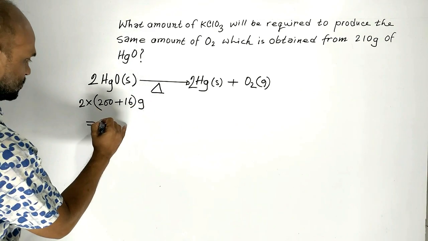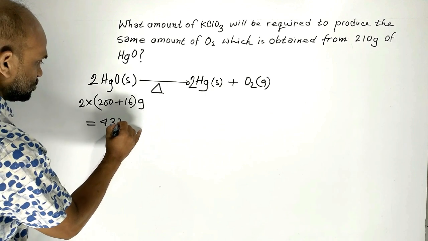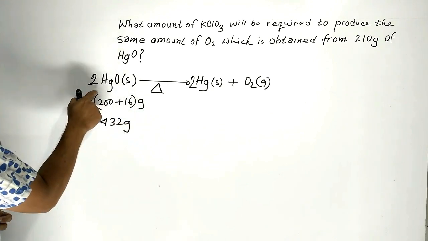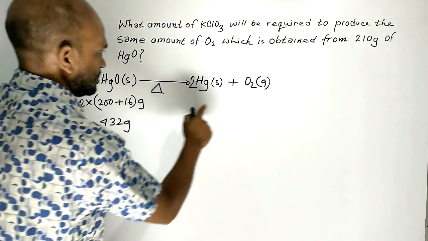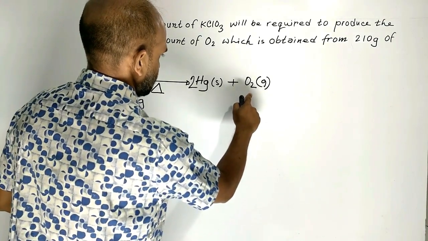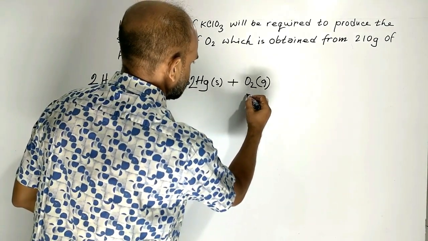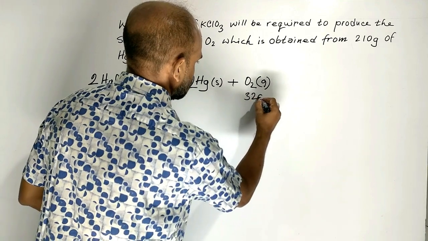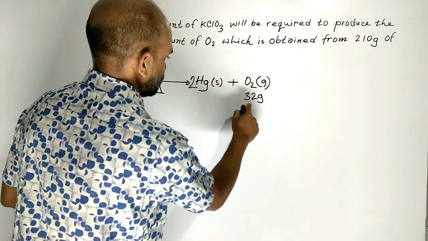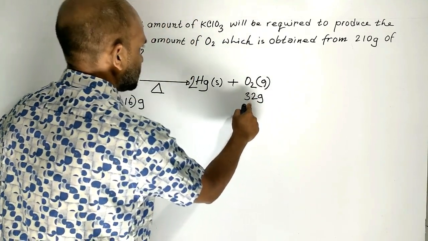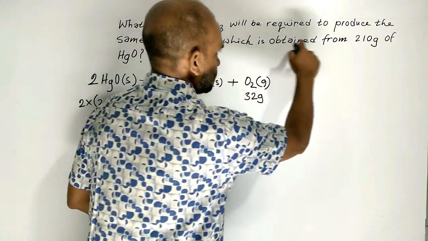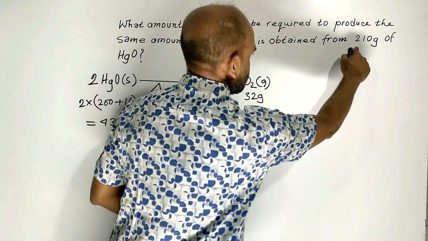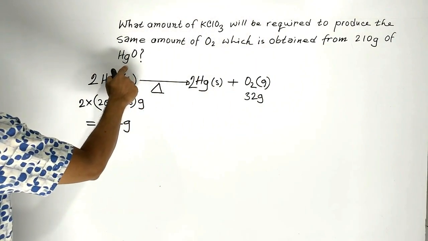This is equal to 432 gram of mercuric oxide used here, and here oxygen, the gram molecular mass of oxygen, is 32 gram. We have to calculate what amount of oxygen will be produced from 210 gram of mercuric oxide.